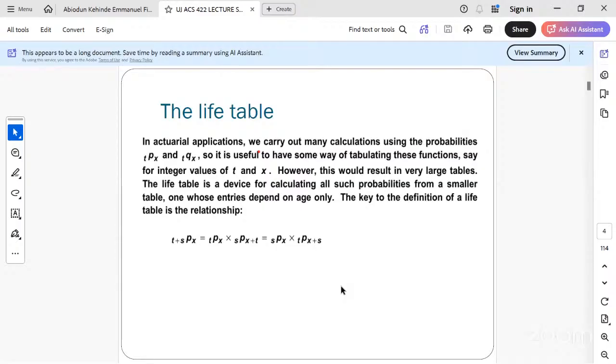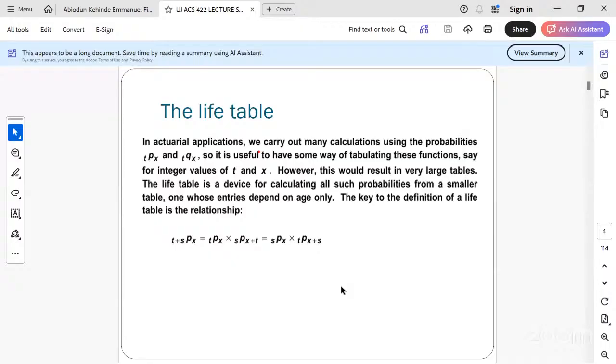A life table is an instrument, or I can say a device, that is used to compute life expectancies and the probability of a life that is currently at a given age.